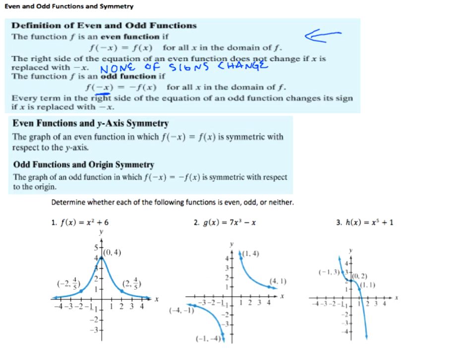Now, an odd function, you start the same way. You plug in negative x for x into the function, but what you get out is negative f of x. In other words, all of your signs change.